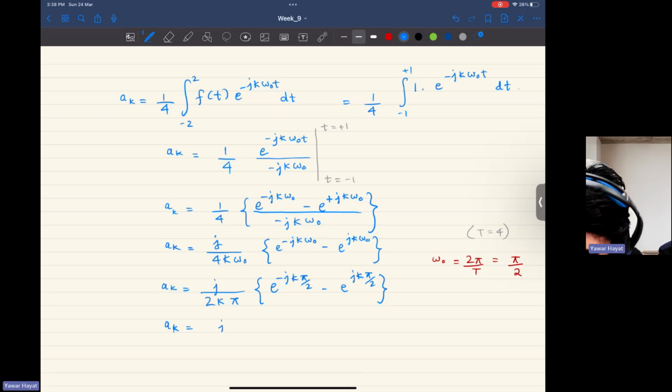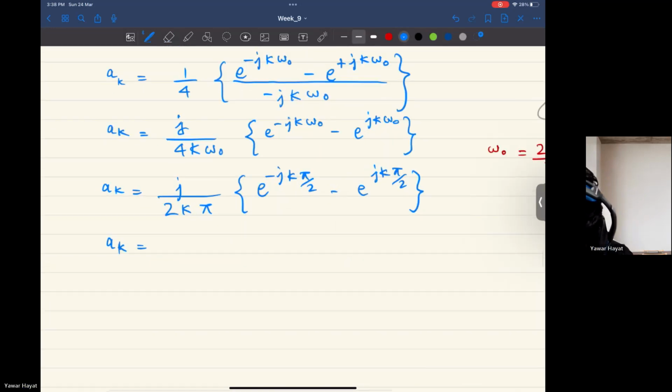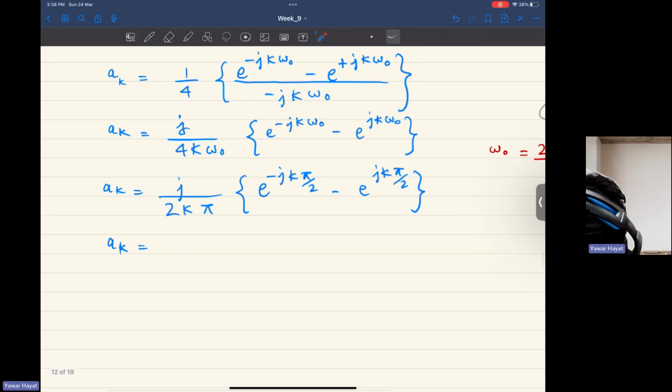I'll absorb this minus sign. See, I'll take this minus out, right?